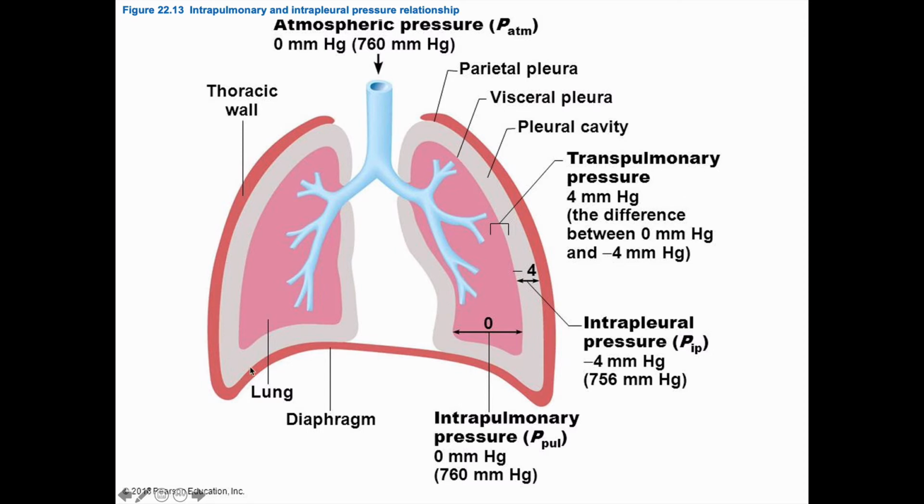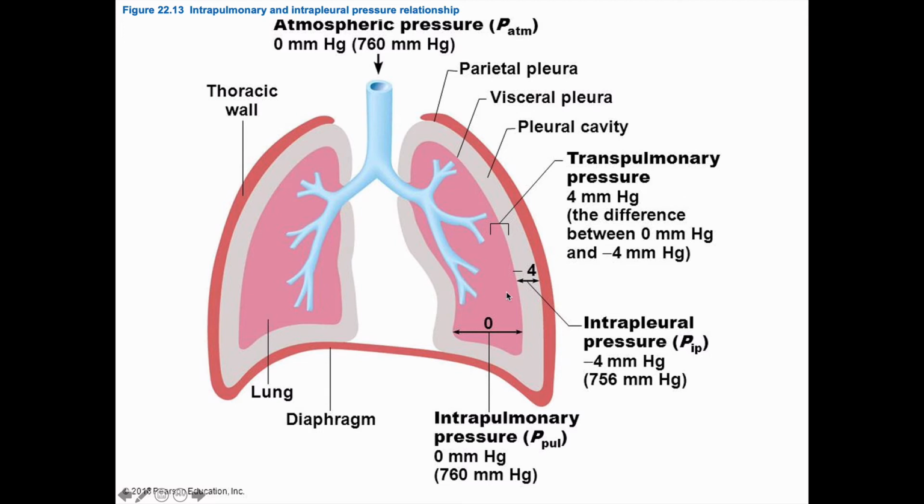The pressure inside the thoracic cavity is managed by the diaphragm. When the diaphragm contracts and becomes flat, the lung will expand.